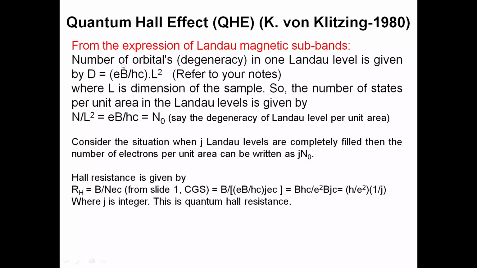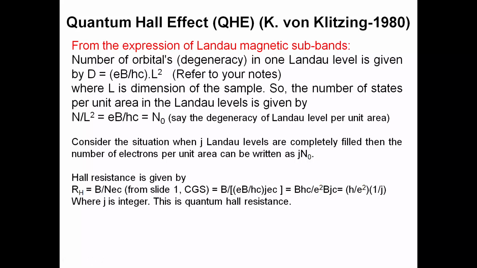For some B, suppose the jth Landau level, meaning first, second, third, fourth, like that, up to J, all orbital states of the Landau bands are completely filled. In that case we can simply calculate the number of electrons.